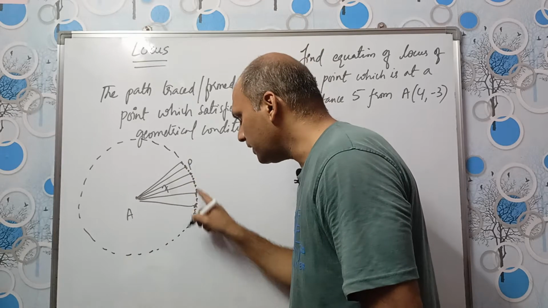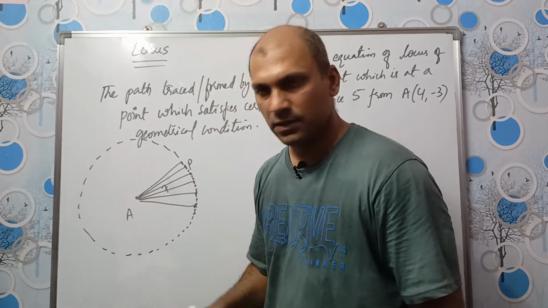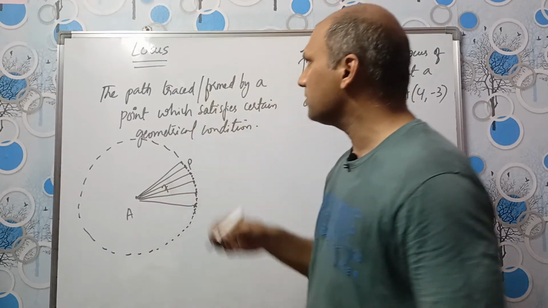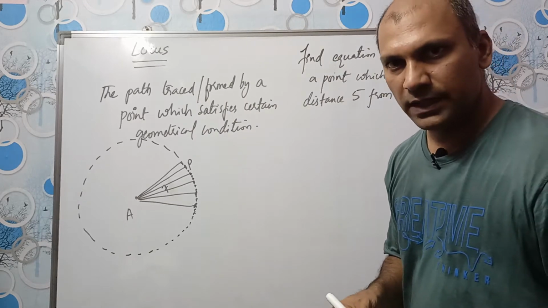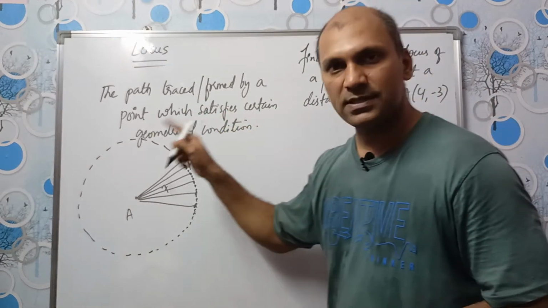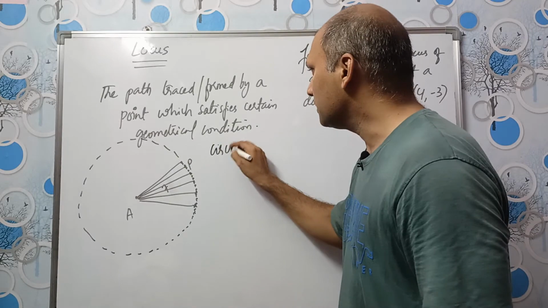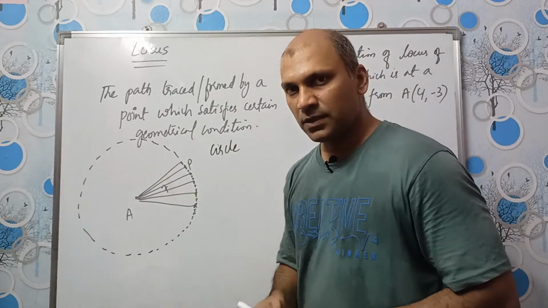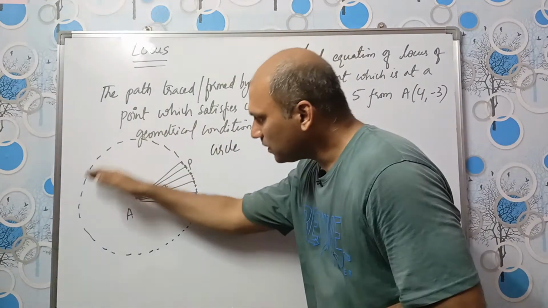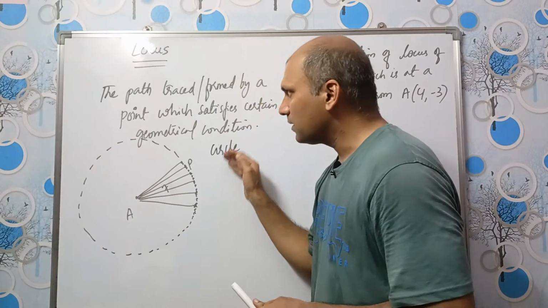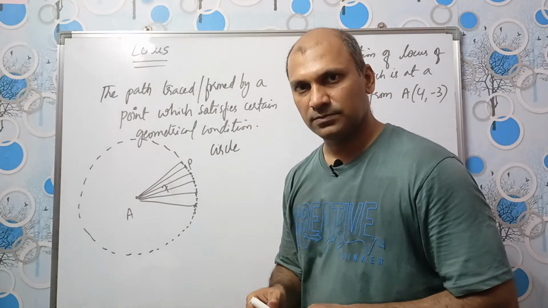Now this point is tracing some path. This point is forming some path, right? What is it? It is forming a circle. In this case, it is forming a circle. So, the equation of this circle is called as locus.